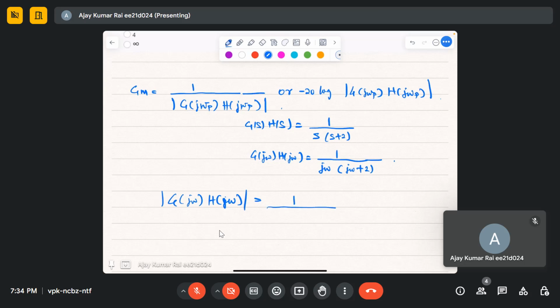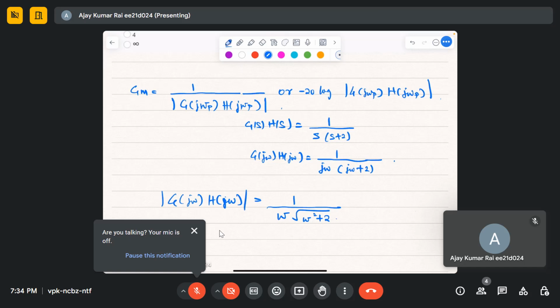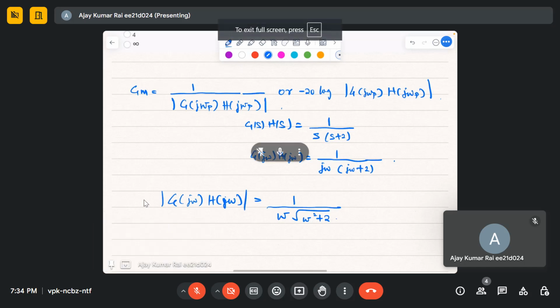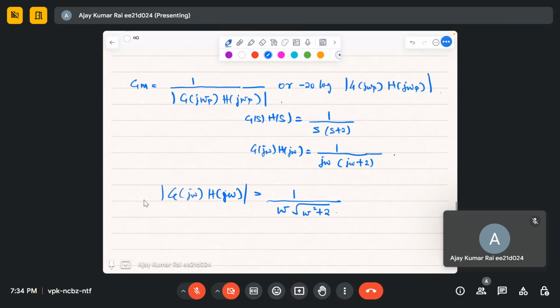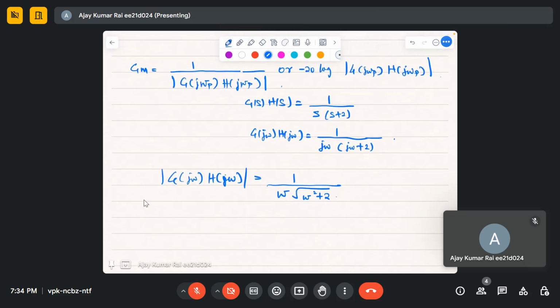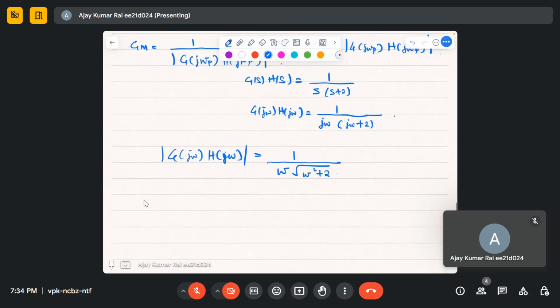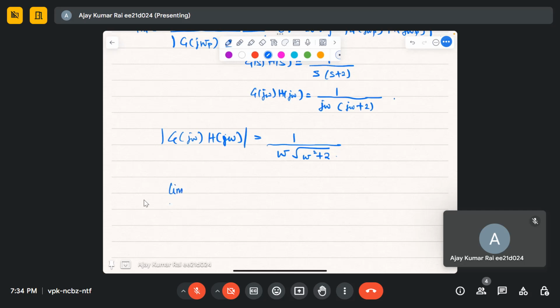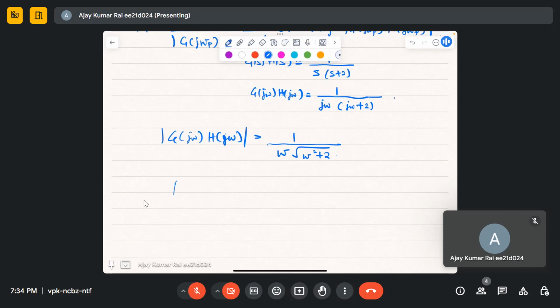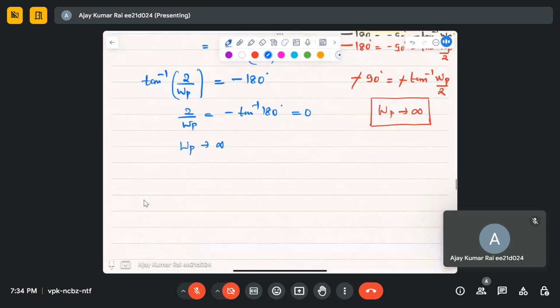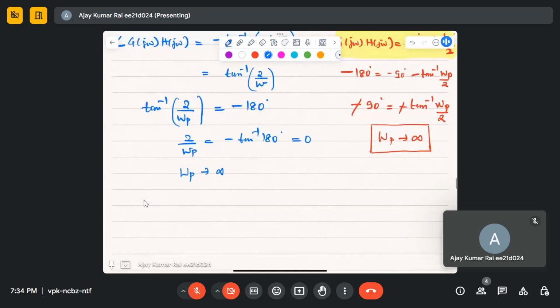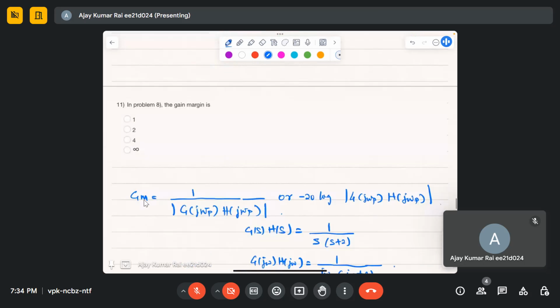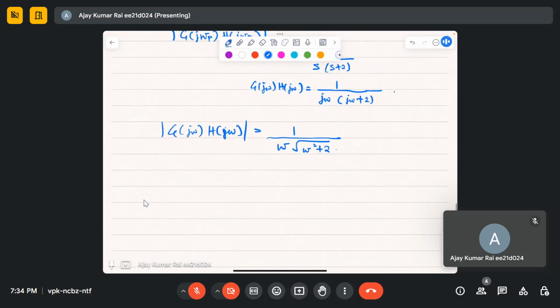Magnitude will be 1 by omega into root of omega square plus 2 you'll get. Okay, so this is the magnitude, and you have to find out the magnitude when omega tends to, because see what we have calculated from the previous questions. You see, the phase crossover frequency is infinity. You have to find the magnitude at this point.